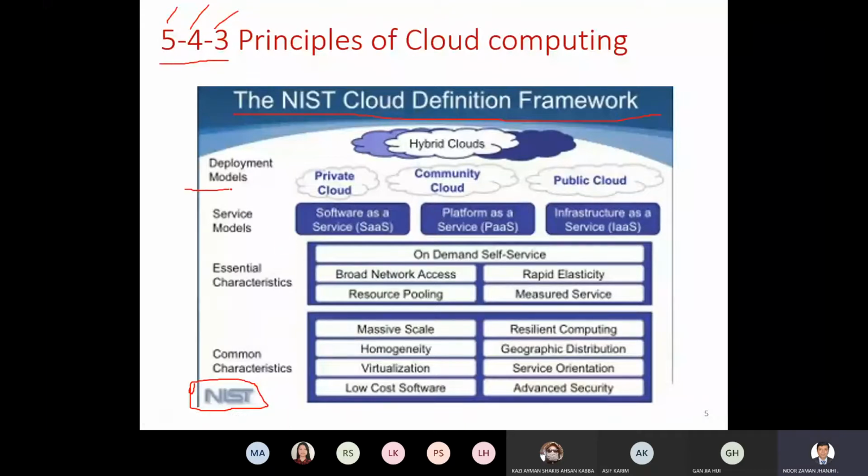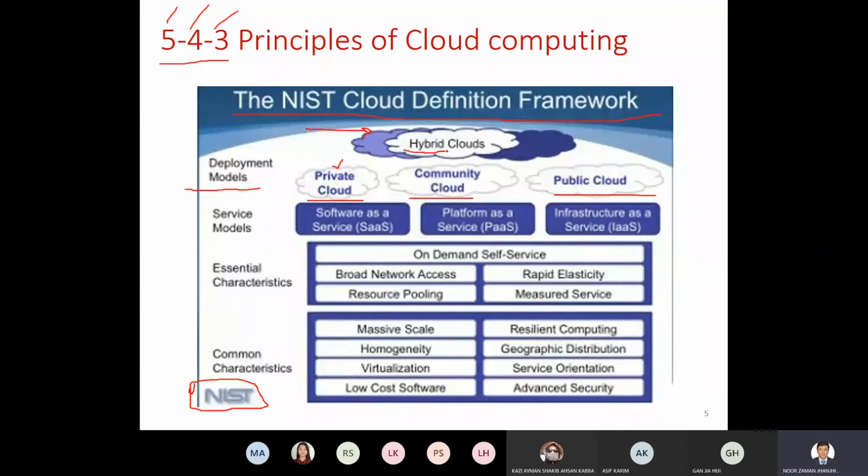So what is the concept? They said that the deployment model, that is how we can deploy to the cloud, could be in private mode, then we call it private cloud, could be in community mode, then we call it community cloud, and it could be in public mode as well. We will discuss the difference between private, community, and public. On top of that, there is another concept which mentions the hybrid cloud.